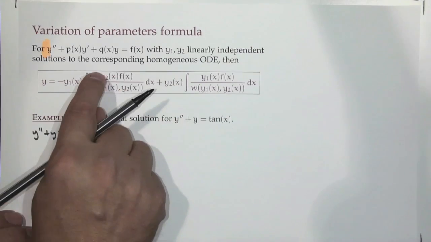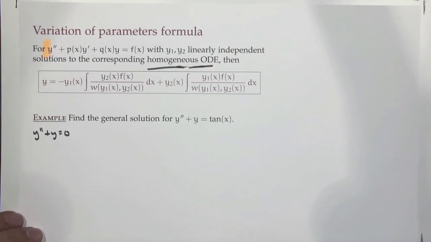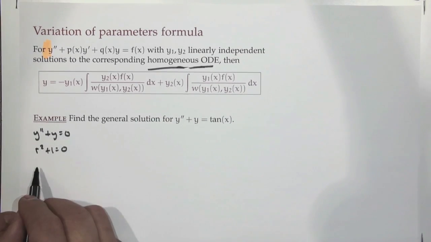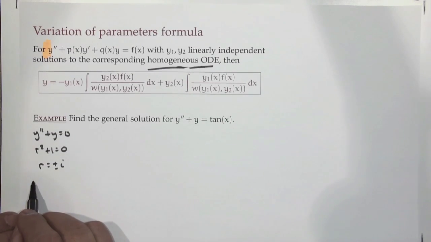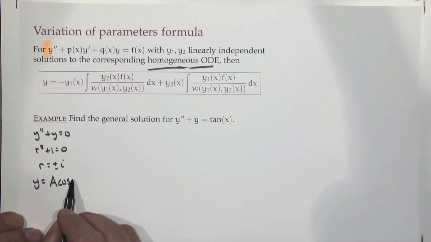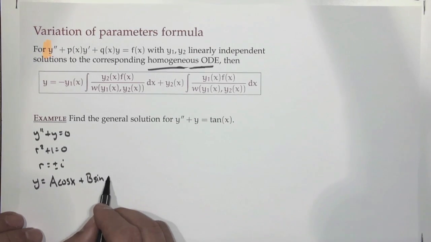So remember, these are the homogeneous ODE. So we put equals 0. Well, you probably recognize these functions. We've seen them before. What are our solutions? Cosine and sine. Yeah. This is like day one stuff. It's nice to come full circle.